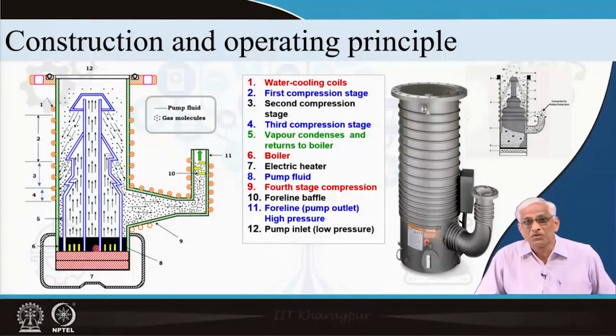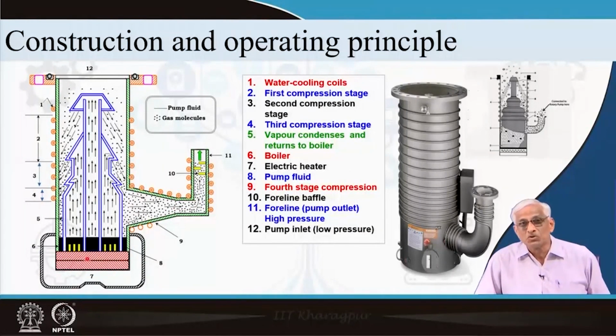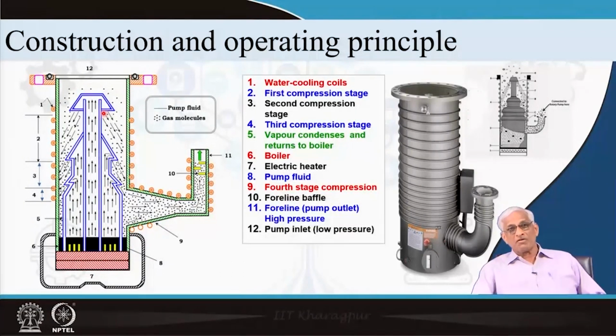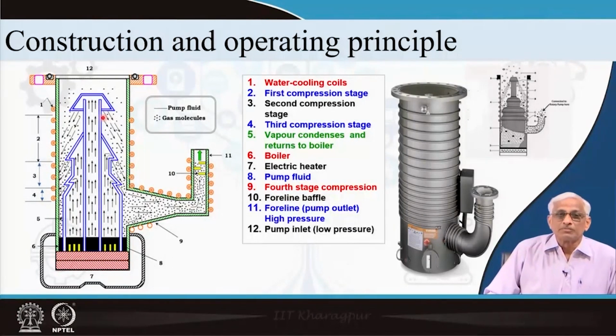So, that chamber, whatever the molecules, were originally removed by this rotary pump, when the diffusion pump is not yet acting like a diffusion pump, and all the molecules are rarefied to 10 power minus 2 torr. Under those conditions, when you switch on this electrical heater, there will be a pressure rise inside this chimney to a level of 0.8 or 1 torr, depending on the temperature, which is around 200 to 250 degrees centigrade. And when it comes out, it goes from this 1 torr to the 10 power minus 2 torr created already by the rotary vane pump. So, there is a huge pressure drop across this nozzle exit.